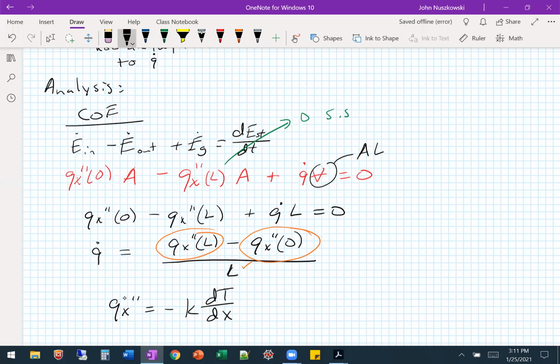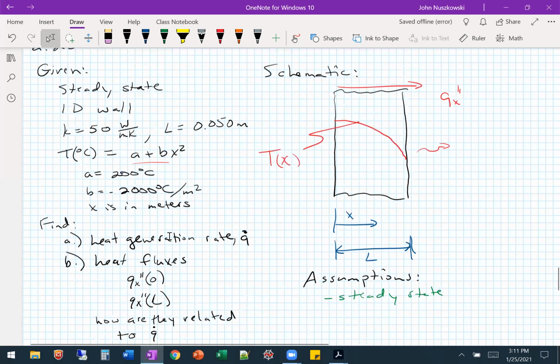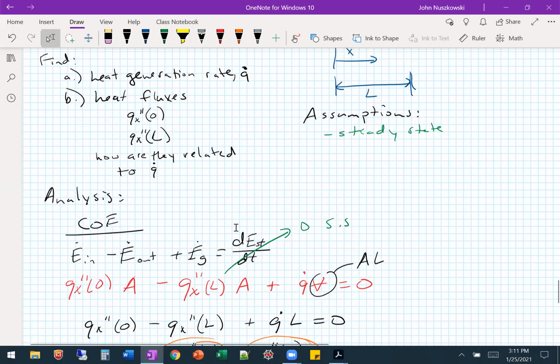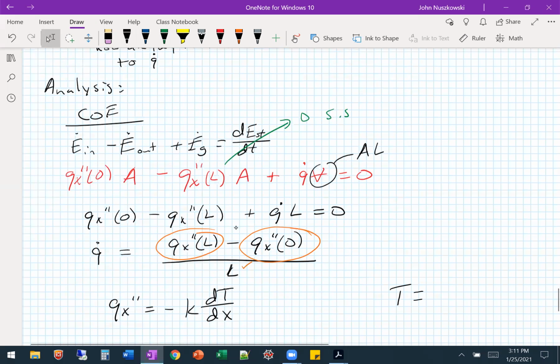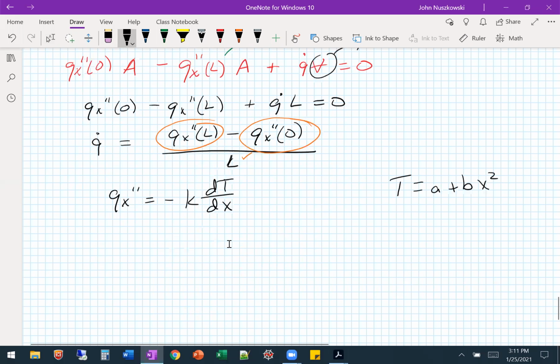So how do we get dT dx? Differentiate whatever is given to us. Yep. So we have T equals A plus BX squared, right? So we take the derivative, and then multiply that times that K, right?